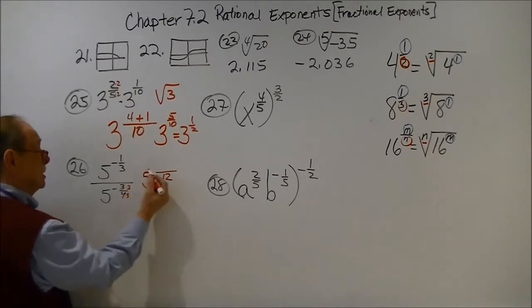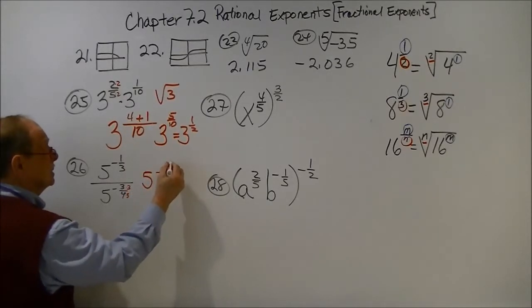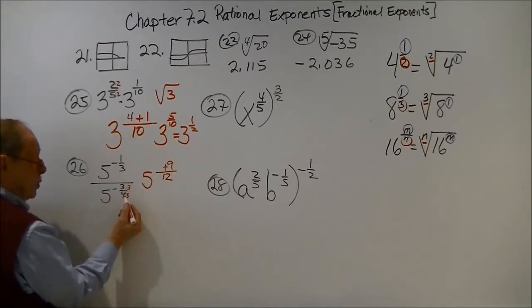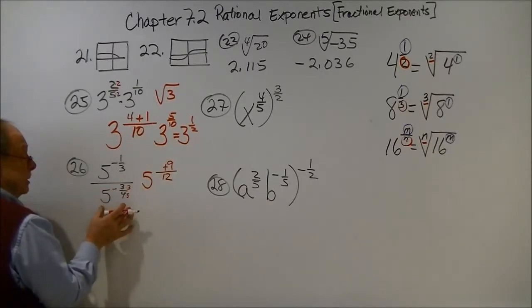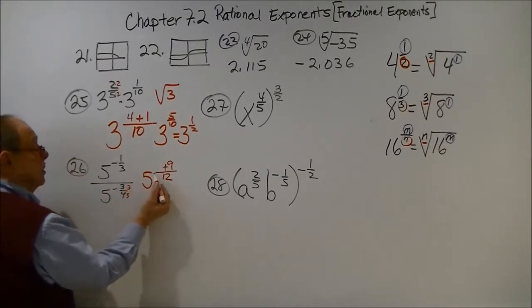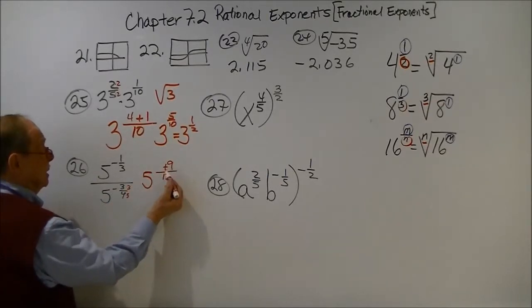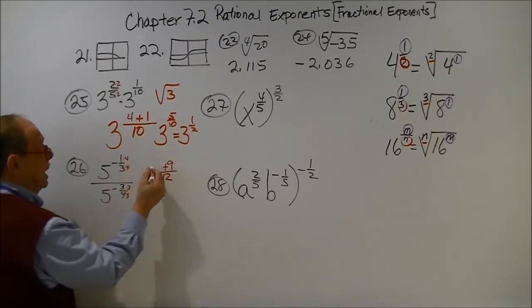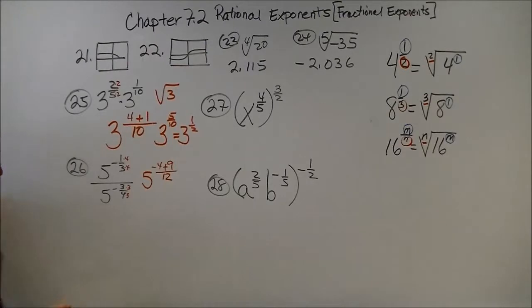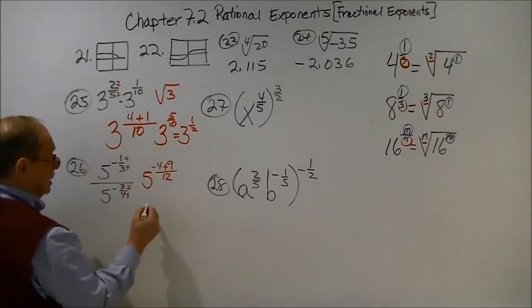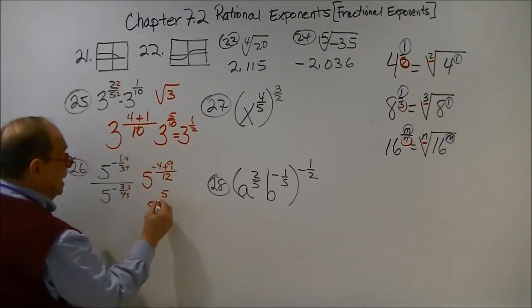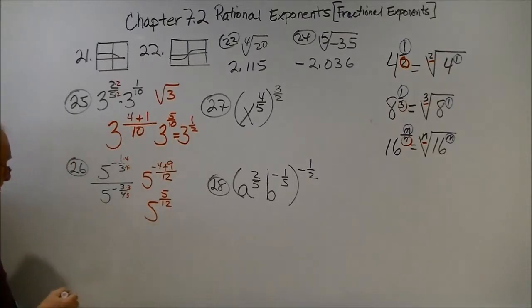But as we move it up to the top, this becomes a plus 9. This is a negative 9 twelfths in the denominator. But as we move it up to the numerator, it becomes a positive 9. And this we're going to multiply by 4. And that becomes a negative 4. So now we just add them. So we get 5 to the 5 twelfths.